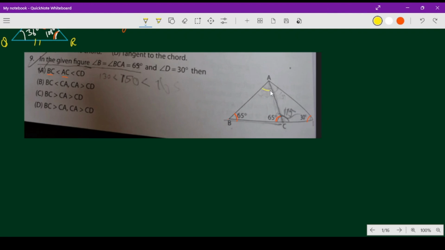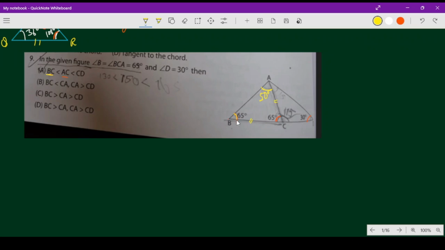So this angle we can find with the help of the angle sum property. The sum of 65 and 65 is 130. It means this angle is 50 degrees. Now in this, if we see clearly, this BC side is opposite of angle A, and this AC side is opposite of angle B.